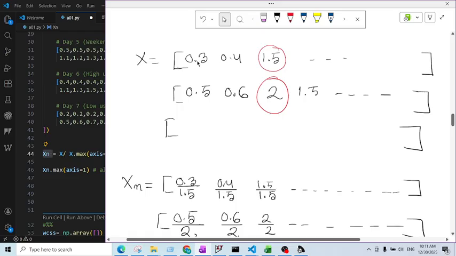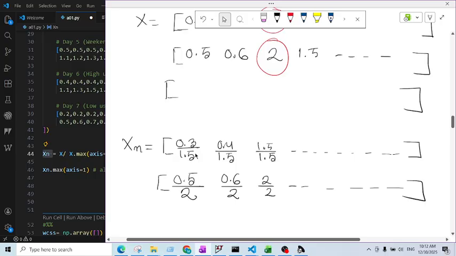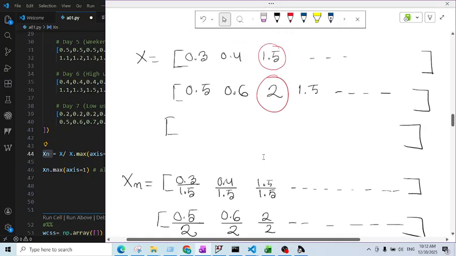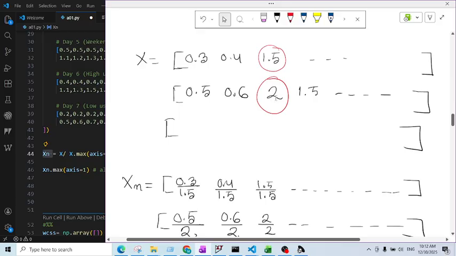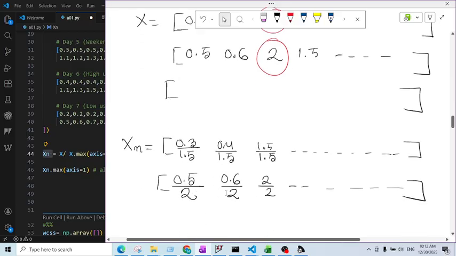Let's say for day 1 the power is 0.3, 0.4, up to 1.5, so 1.5 is the maximum. So I divide all the kilowatt power in specific hours by the maximum number, and for day 2 the maximum is 2, and again I have divided all the numbers by 2. So thus I will get xn.